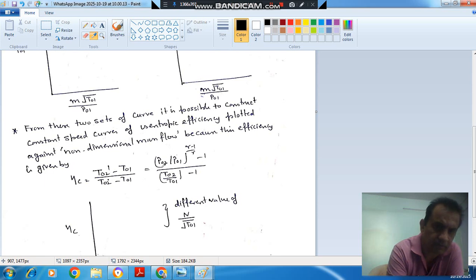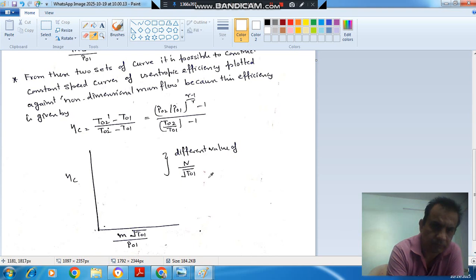Further it can be written as (P02 by P01) raised to the power (gamma minus 1) by gamma, minus 1, divided by (T02 by T01 minus 1). So then we have a relationship between efficiency and mass flow rate for different values of non-dimensional speed. Then we can draw this.